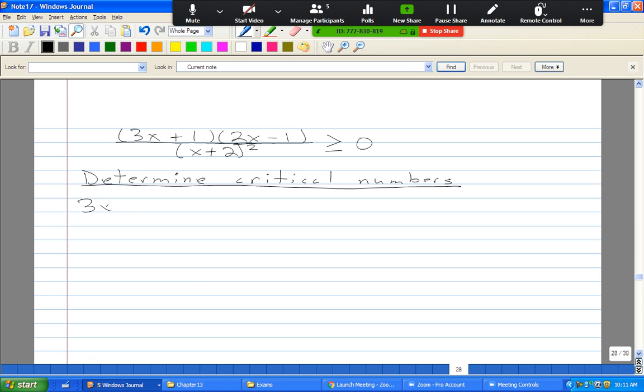So I'll set each factor to 0 and solve for x. So I'm setting each of these factors to 0 and solving for x.